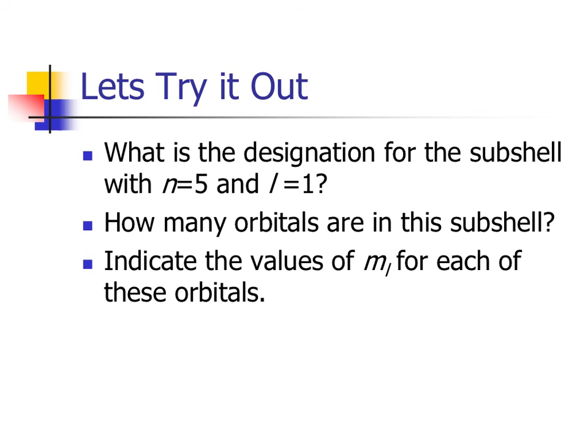Let's look at another example. What is the designation for the subshell that has an n value of 5 and an L value of 1? Now we're getting a little more specific.